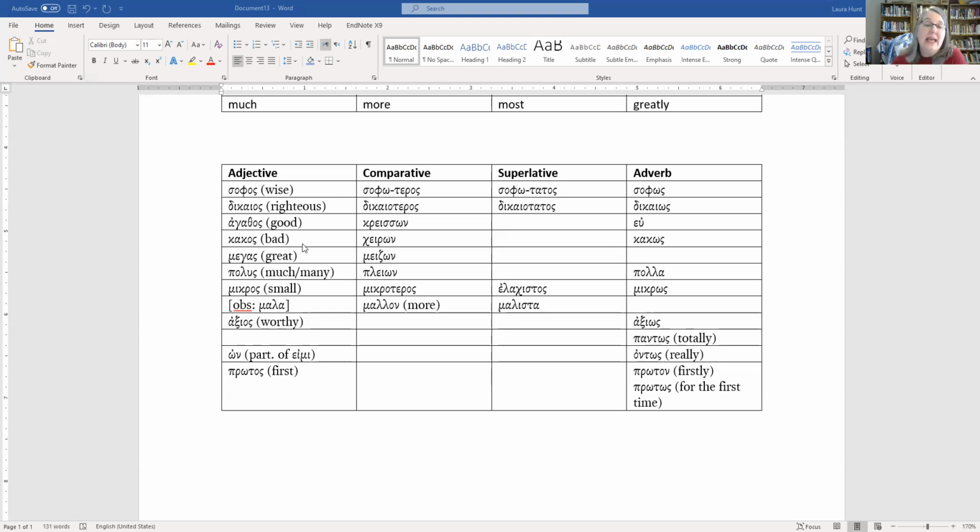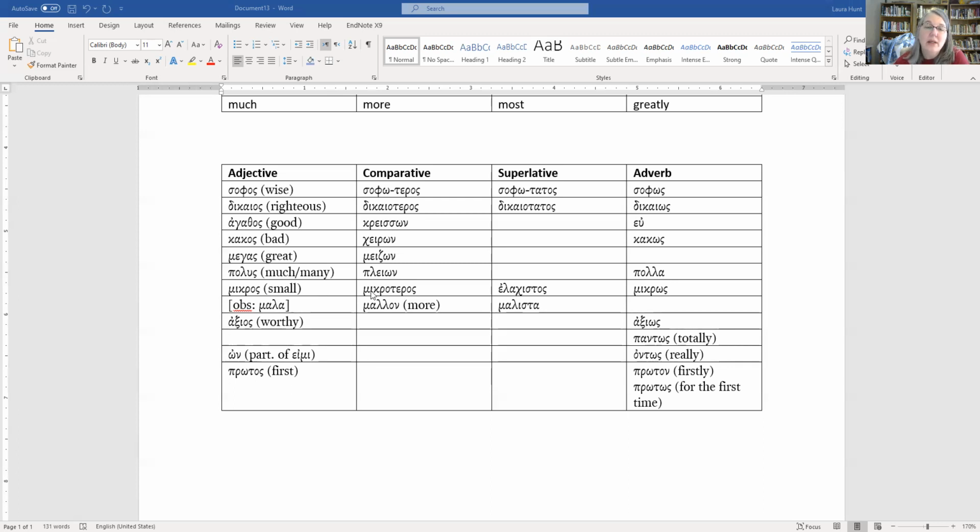Kakos is bad, and worse is cheiron, sorry. And then the adverb is kakos. Megas is great, and greater is meizon. Polus is much or many, and then the comparative is pleion, and the adverb is pola. This is more, this is an accusative ending, right? So that happens sometimes.